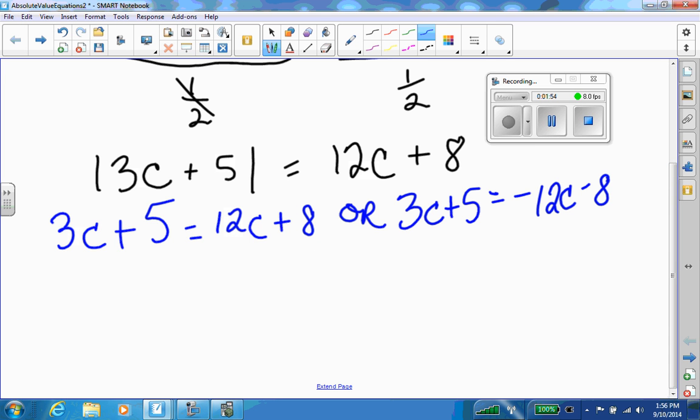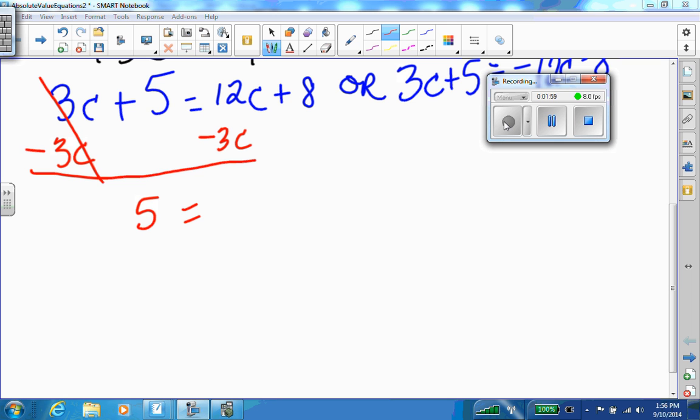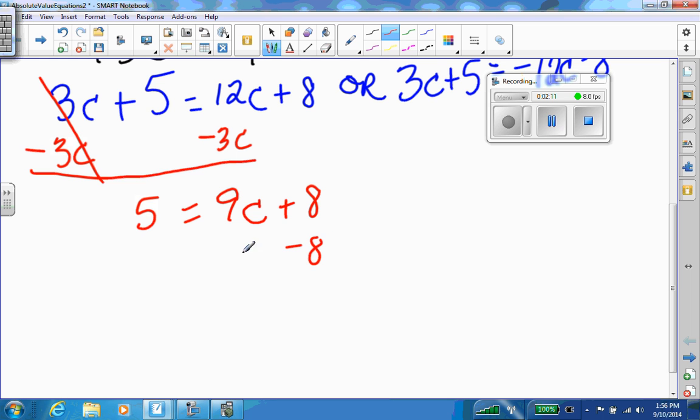So we will go ahead and solve each of these equations. Subtracting 3c from both sides is going to give me 5 on the left-hand side, and 12c minus 3c is 9c plus the 8. Continuing to solve, subtracting 8 from each side, we're going to get 9c on the right, and 5 minus 8 is negative 3.